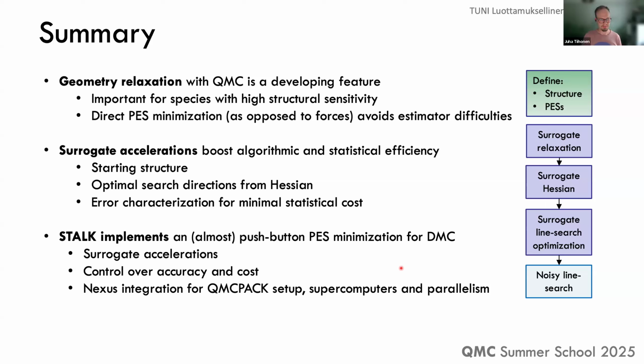Now, all this is implemented in STALK, so it saves somebody a lot of trouble not having to do it again. It's kind of an ideally push-button approach for doing the PES minimization with DMC. It enables some control over accuracy and statistical cost, and it has the Nexus integration for a lot of convenience and efficiency on supercomputers.